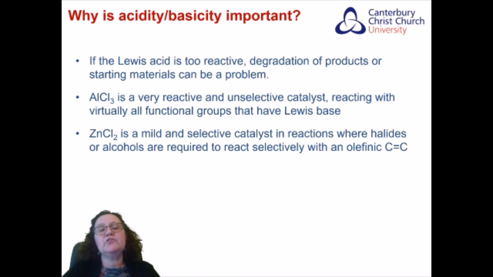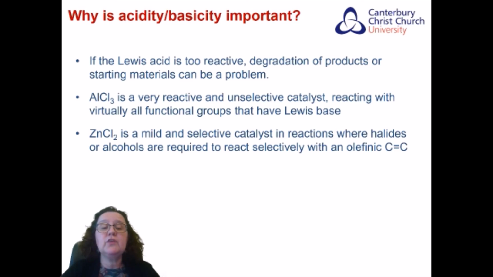Why do we care about acidity and basicity? Well, for example, if you have a very strong Lewis acid in your reaction, it could degrade both the products and the starting materials, attacking the reagents or the product formed. Also, aluminum chloride is a very strong Lewis acid, very reactive, and that means that as a catalyst it is very unselective.